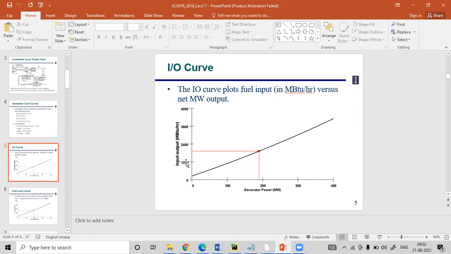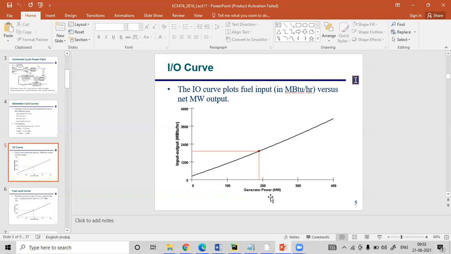How much input heat energy, in terms of mega British thermal unit per hour, right? Is it clear?